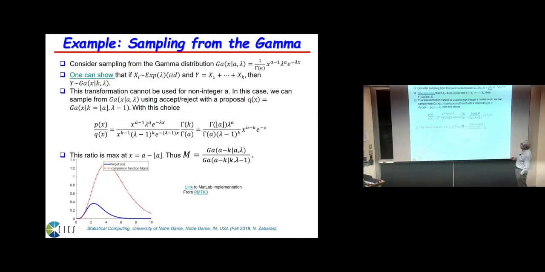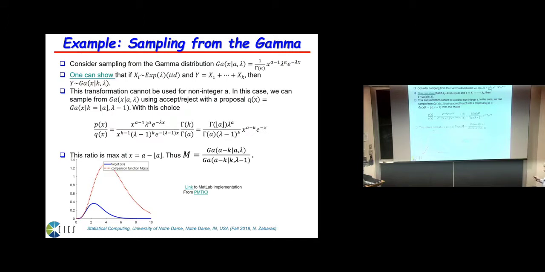Now you may say, this looks idiotic, why are you going to sample from another gamma distribution if your goal is to sample this gamma distribution? Well, it's actually not as trivial as that. For this gamma distribution, this alpha can be any number. For the gamma distribution that I use here, this alpha, which I denote here as k, is an integer.